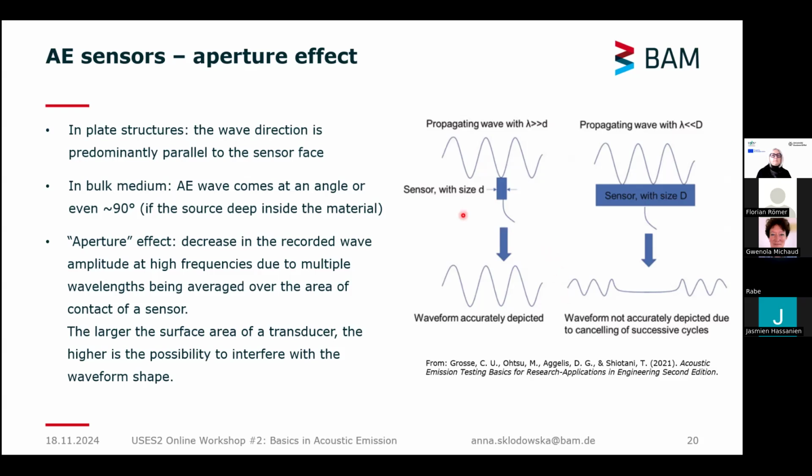Therefore, the larger the surface area, the higher the possibility of interfering with the waveform shape. So this is an example. If we have a sensor that is much smaller than the wavelength, the waveform is accurately depicted. However, if we have a big sensor and higher frequencies, the waveform is cancelled due to successive cycles. So this is something important.